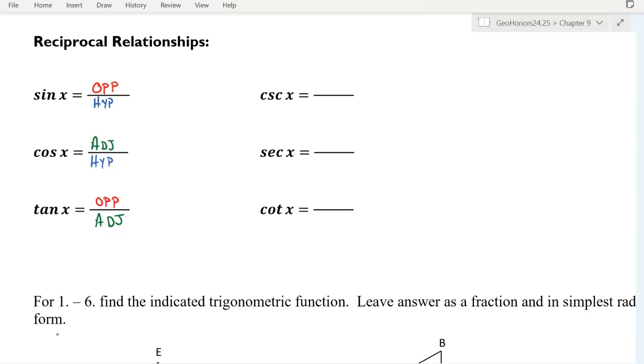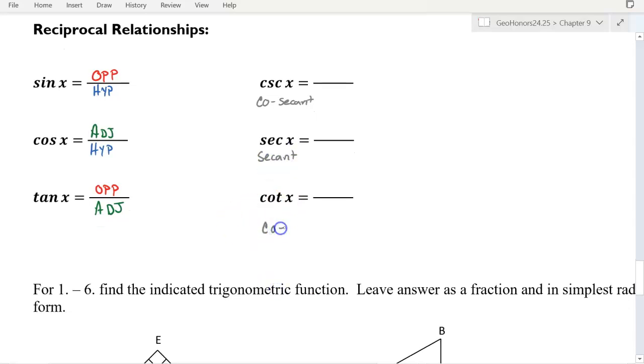They are the reciprocals. What gets tricky is students see sine and think that it will attach to secant. So just to be clear about the words we use: CSC is cosecant, SEC is secant, and COT is cotangent.